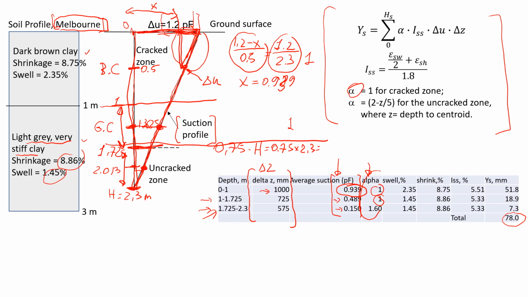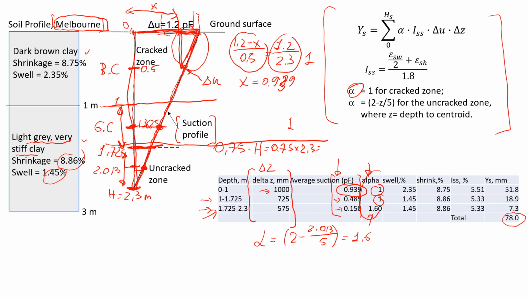In this case, we need to use the formula, and the formula will be 2 minus the depth, which is 2.013, divided by 5. That should give a value of about 1.6. So that's what goes here. So that's for the uncracked zone.